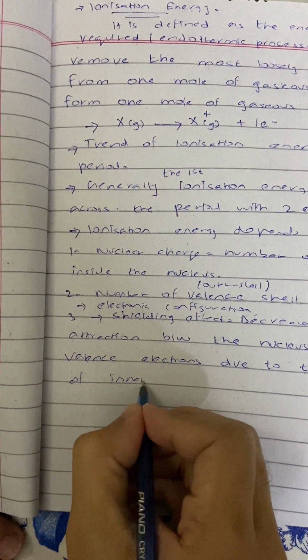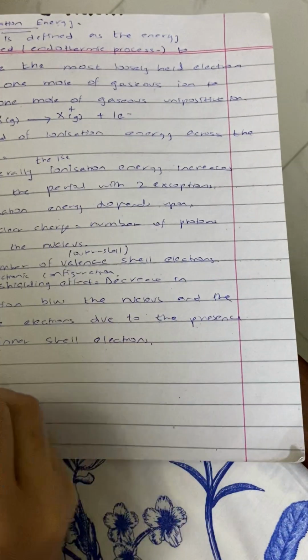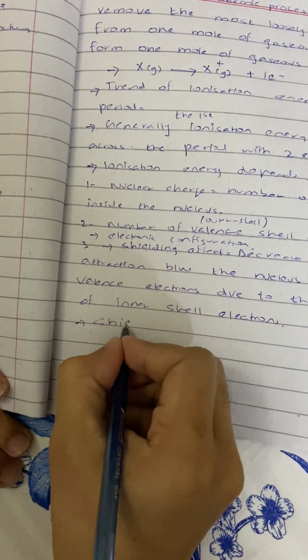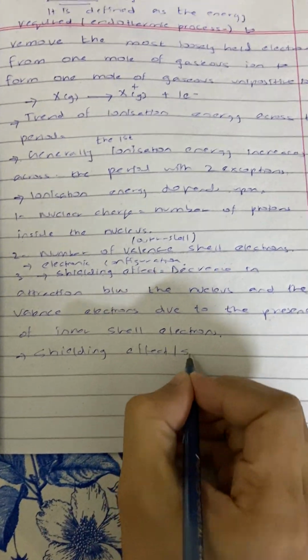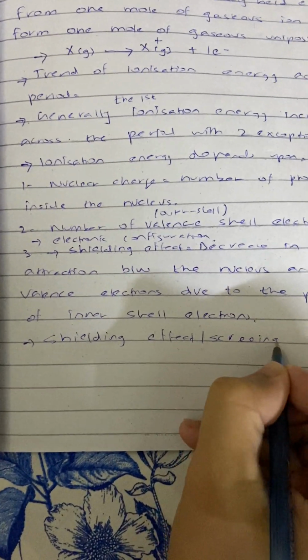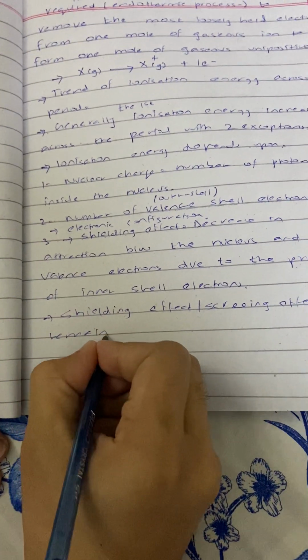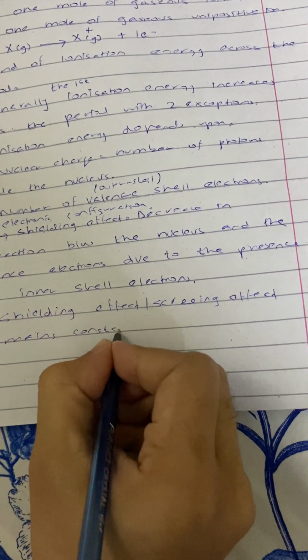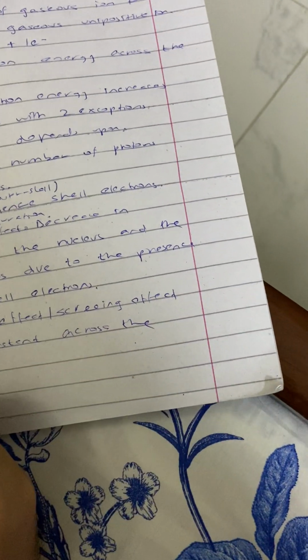inner shell electrons. It has 2 names, shielding effect and screening effect. Shielding or screening effect remains constant across the period. Why does it remain constant?